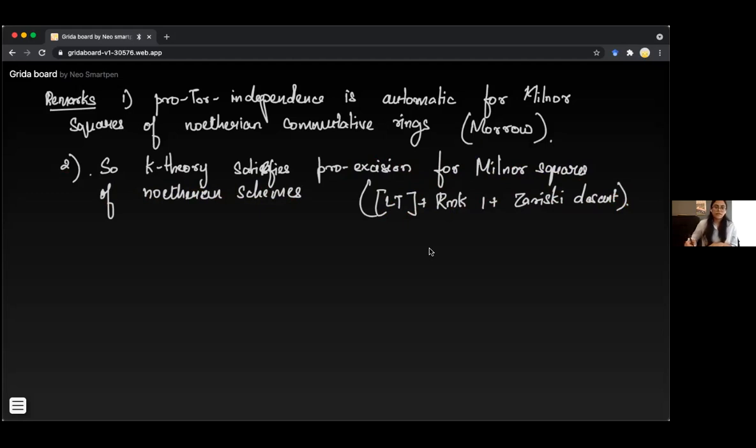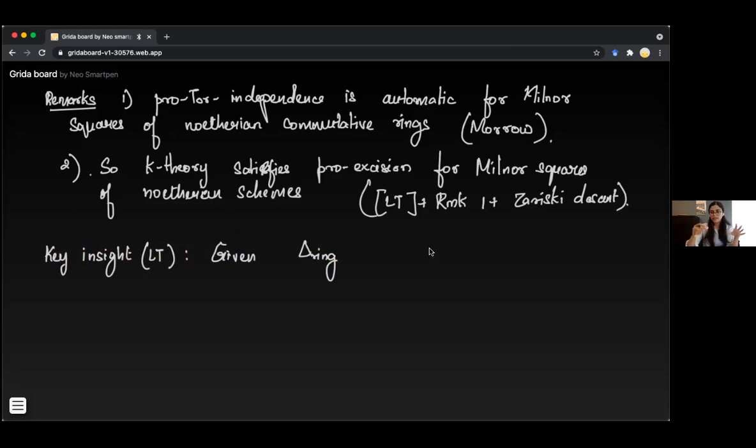Okay, and the key insight of Land-Tamme for the proof of this result was the following. Given a square of rings, of the form of the Milnor square of rings that we started out with, A mod I, A prime, B prime, you can always construct an even ring, which is called the O-dot construction.